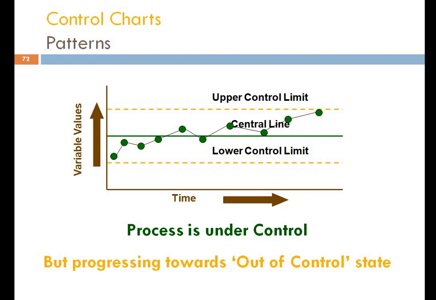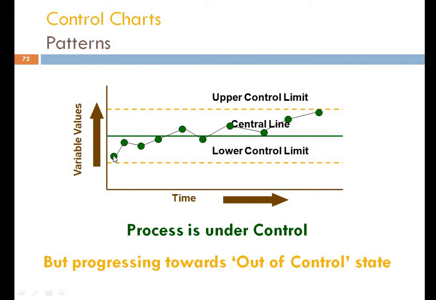But there is another situation which talks about that right now product or process is under control because all are in green line. The process is under control, but they are progressing towards out of control state, which means we need to check it. The values of the product in terms of weight, in terms of height, in terms of anything, जो भी हमारे पैरामीटर्स हैं जिसको हम बेंचमार्क मान रहे हैं क्वालिटी असर्टेन करने के लिए, right now they are in green dots, which means the process is under control now.